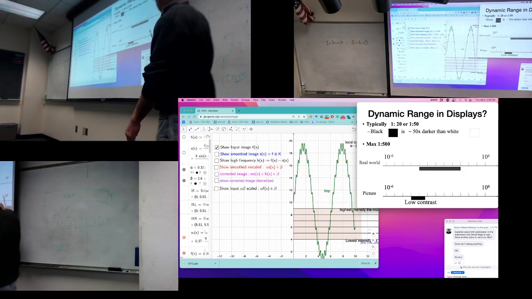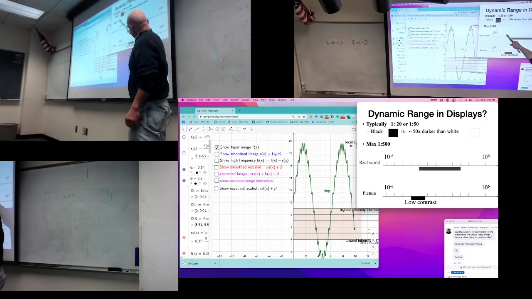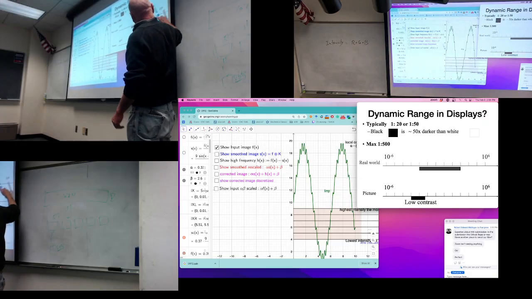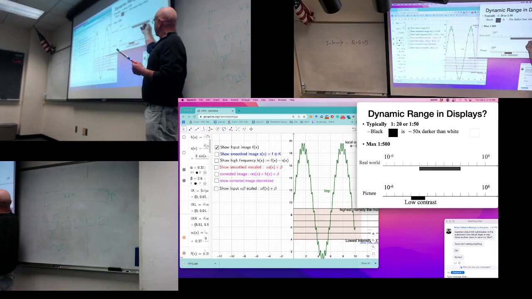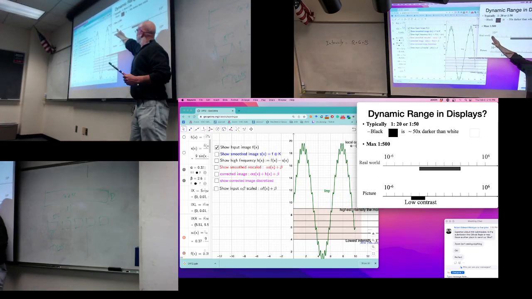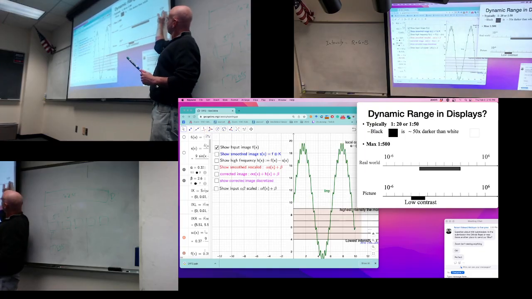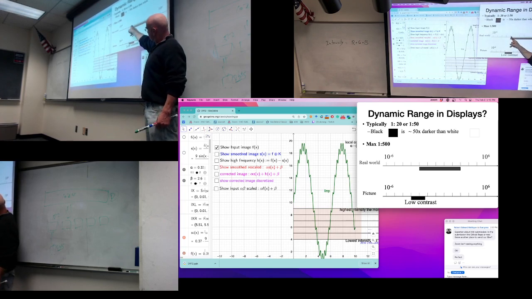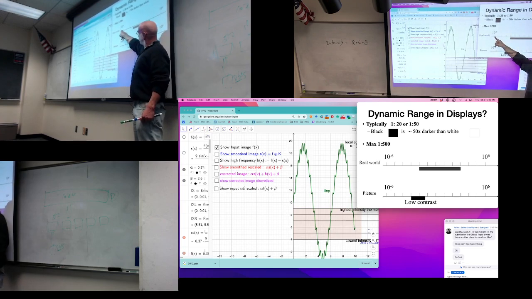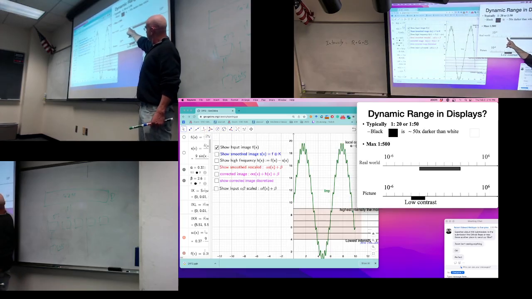Our image, in all the range of intensities that you can sense at all, can have values that start here at 10 to the minus 6, 10 to the minus 5, minus 4, minus 3.